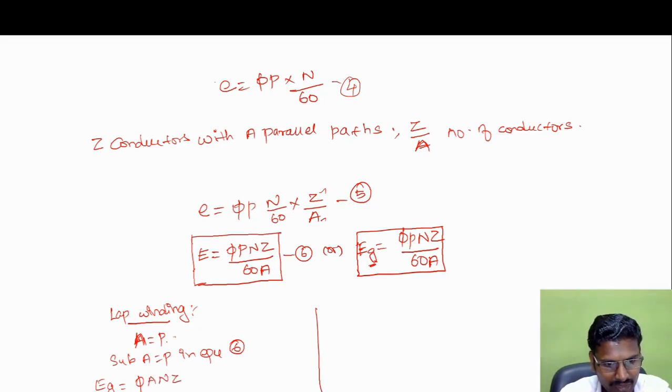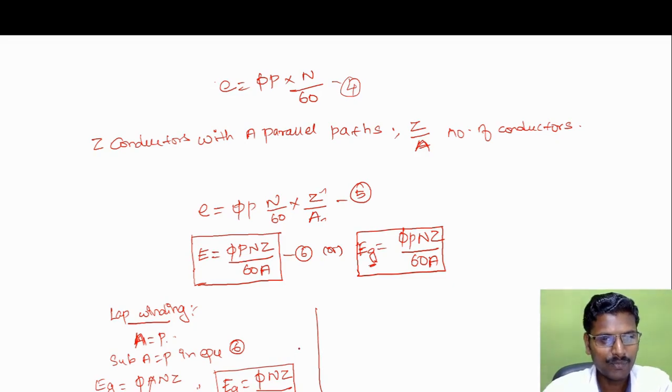So phi A n Z divided by 60A, where A will be cancelled and the remaining we will have Eg is equal to phi n Z divided by 60. So this is the generated EMF expression for lap winding category of DC generator.